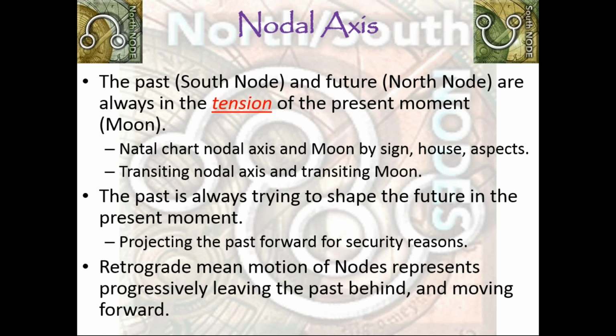And all of a sudden, you're dating them for 6 months and go, they're just like my ex. That's you projecting the past forward in all your relating patterns. Now, the retrograde mean motion of the nodes means that we've got a little help to leave the past behind and actually evolve and move forward.